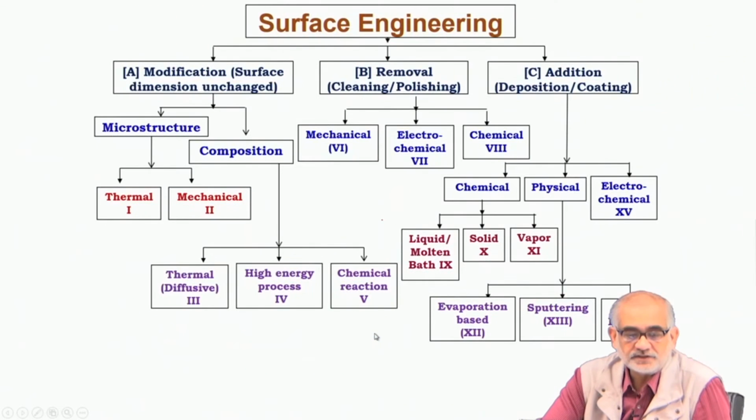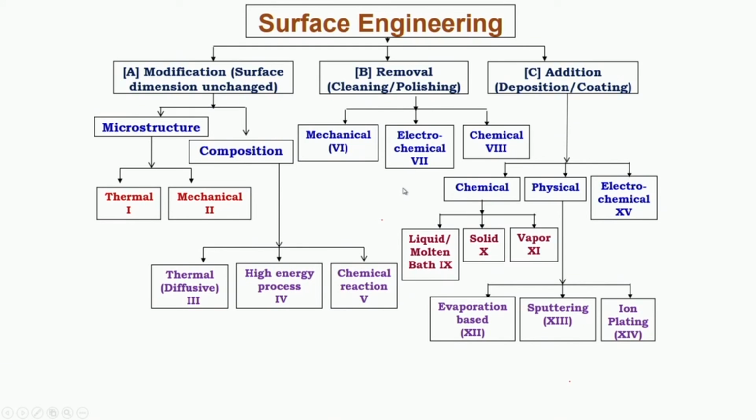So overall, let me go back to the main slide, and this is how we can summarize the entire approach of surface engineering, as I said in the beginning, by these various processes.